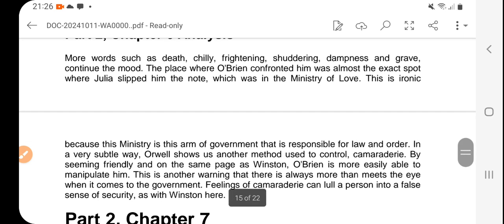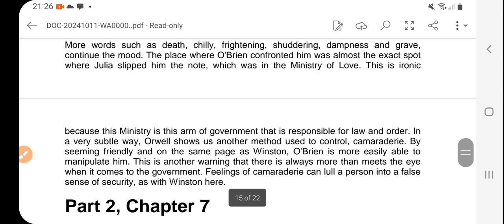More words such as death, chilly, frightening, shuddering, dampness, and grave continue the mood. The place where O'Brien confronted him was almost the exact spot where Julia slipped him the note, in the Ministry of Love, in which she had written, I love you.